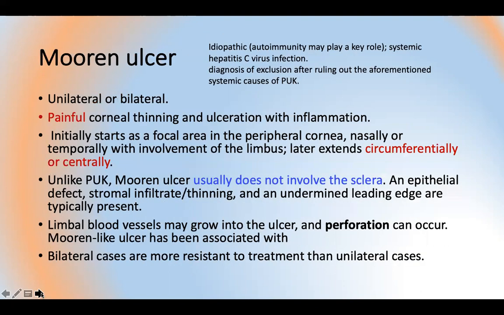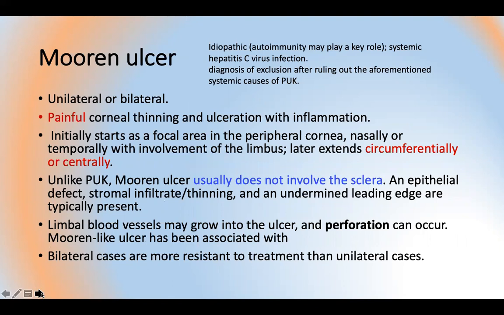Mooren's ulcer is autoimmune. No one knows the reason. It could be related to systemic hepatitis. It is a diagnosis of exclusion. We cannot diagnose unless we exclude all other possible causes, connective tissue disease, and so on.